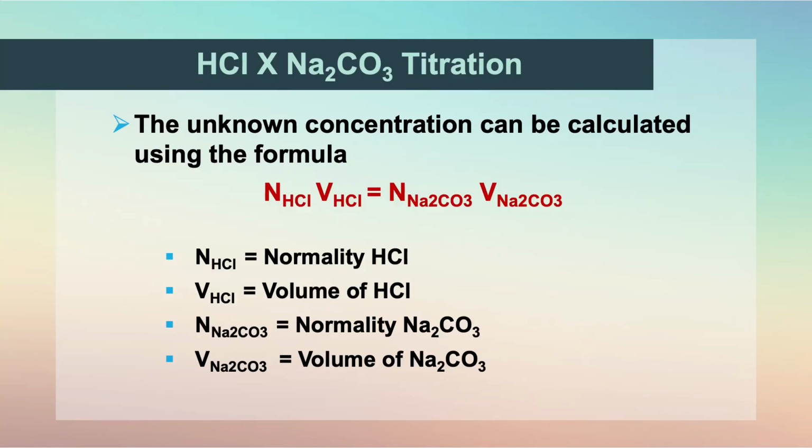The unknown concentration can be calculated using the formula N_HCl × V_HCl = N_Na2CO3 × V_Na2CO3. Here, N_HCl represents the normality of the hydrochloric acid solution, V_HCl represents the volume of HCl, N_Na2CO3 indicates the normality of the sodium carbonate solution that you prepared, and V_Na2CO3 is the volume of Na2CO3 that is used to neutralize the taken volume of unknown hydrochloric acid.